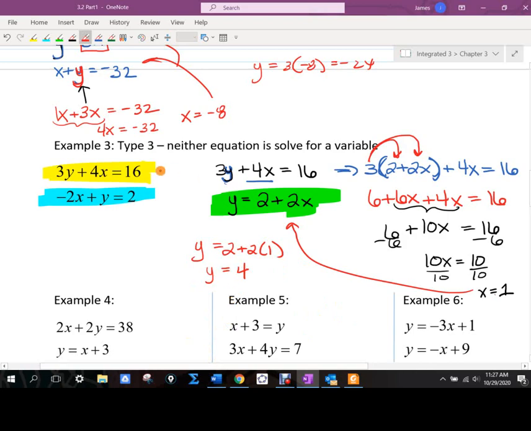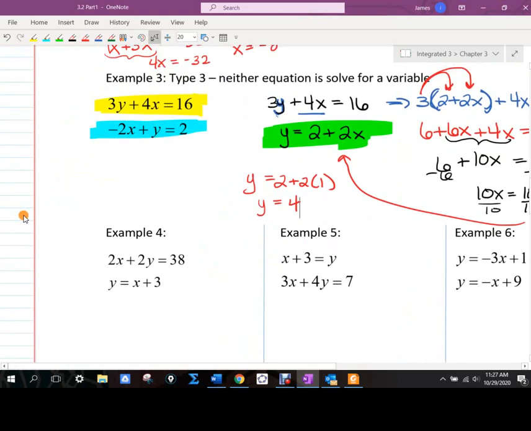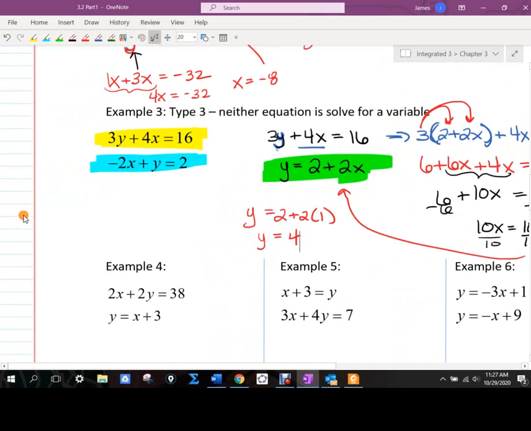Now, there's nothing wrong with plugging into the other ones. But if I plug into the other ones, for instance here, I plug in x to be 1 right here, I get negative 2 times 1 plus y equals 2. And now you've got to solve for y. So I have to add 2 to both sides, and I get y equals 4.